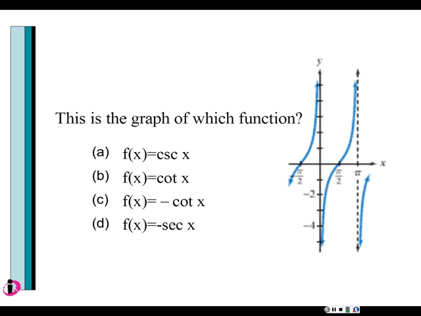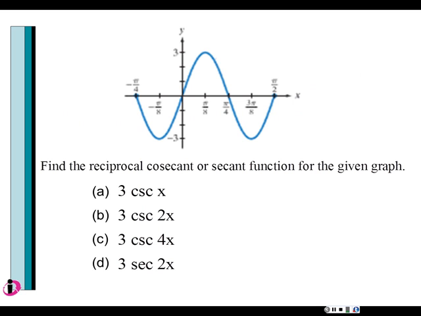How about this? Find the reciprocal cosecant or secant function for this given graph. The graph is already given. First of all, just look at the graph, and look at the question here. The question is asking for either the cosec or sec. Which one can you find from here?